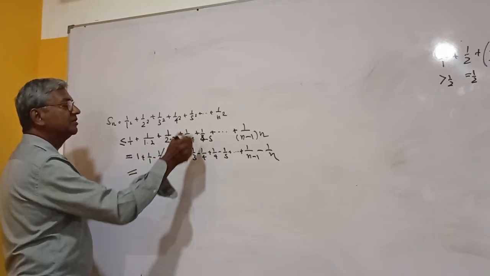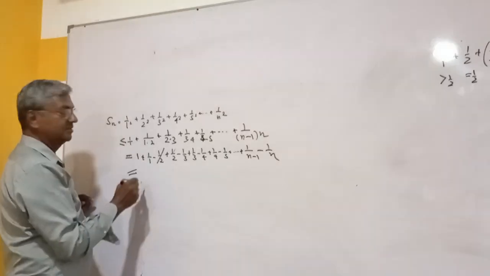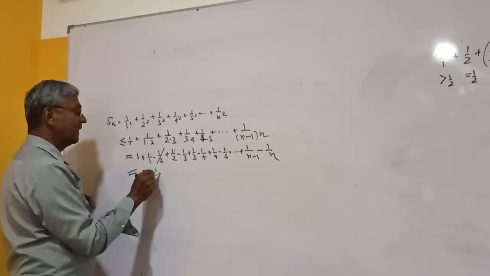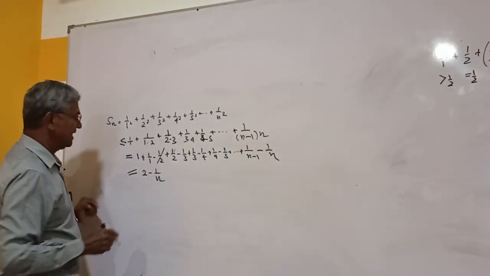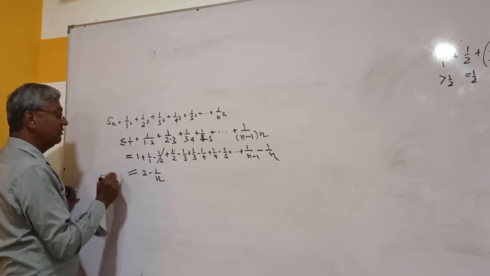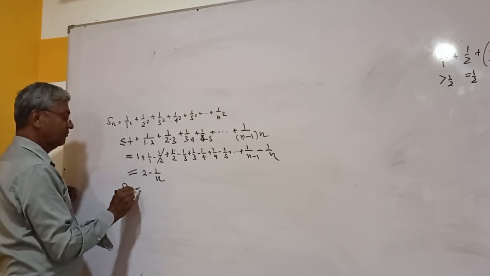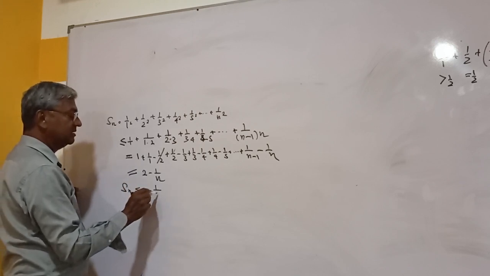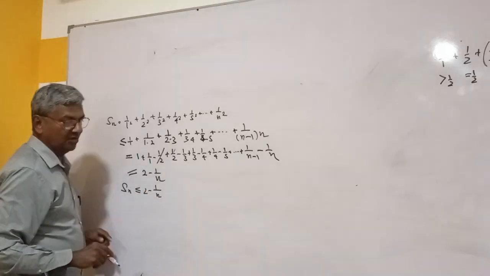You get cancellation, no? So you get 2 minus 1 over n. So Sn is always less than or equal to 2 minus 1 over n.